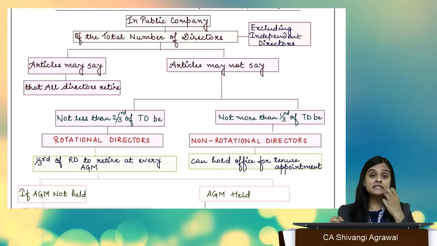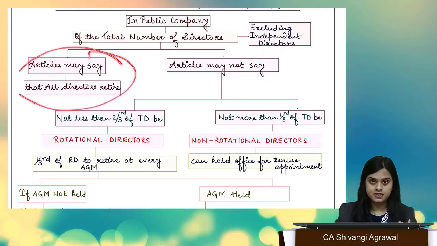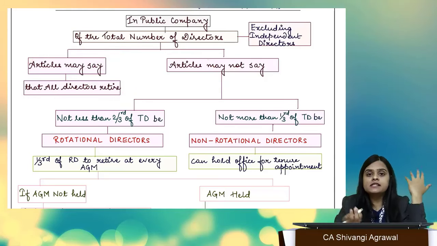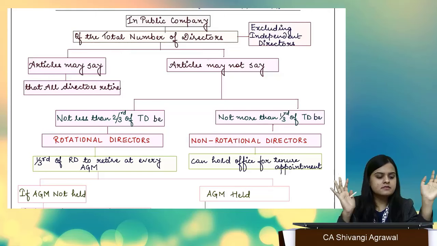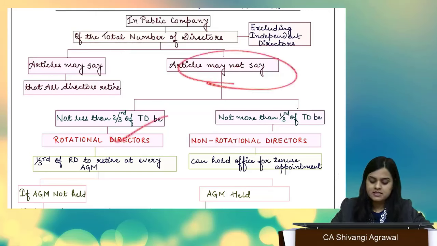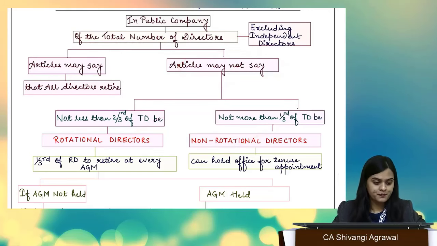The Companies Act tells you, if you have such strict provisions, way stricter than what the law says, great, follow them. So if your articles say that all the directors are going to retire at the annual general meeting, so be it, right? But if they don't say it, then this is something that you are going to follow.